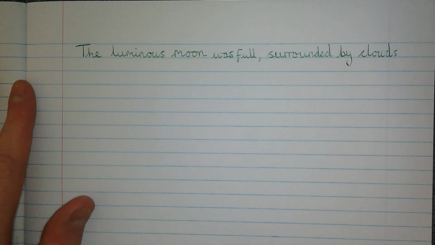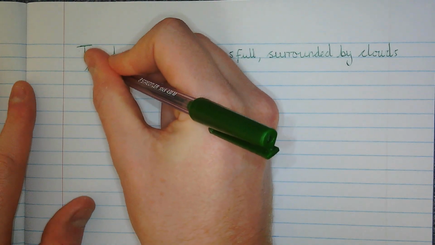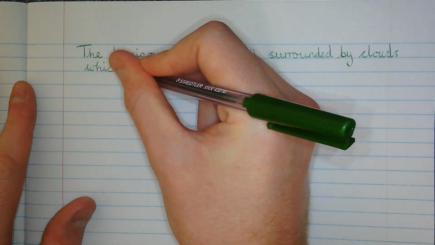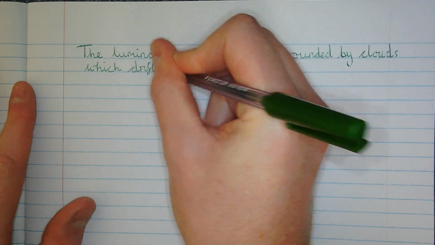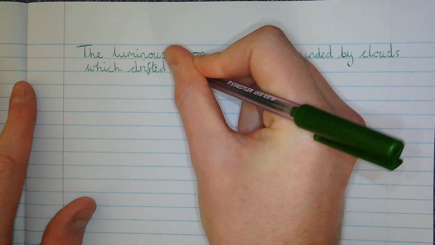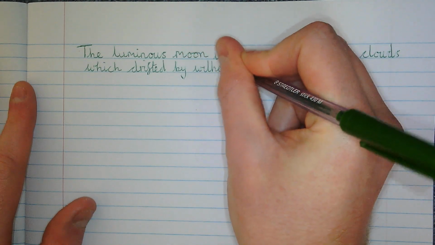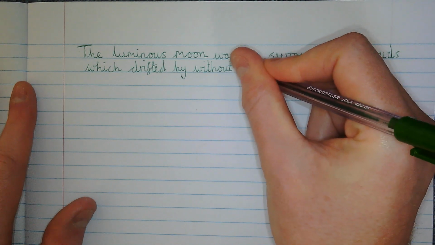And I'm going to use a relative clause here to describe what the clouds are doing. So surrounded by clouds, which drifted by, and they seem to drift by without a care in the world, really.